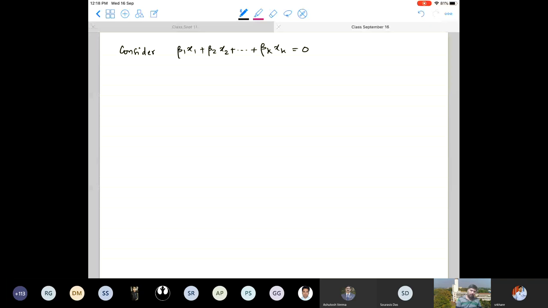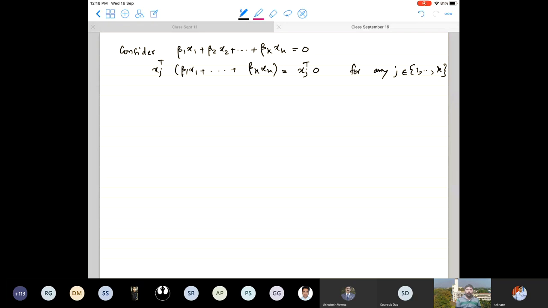So what do we do? In order to show that, we take the inner product of both sides with respect to xj. So xj transpose of (beta 1 x1 plus so on and so forth plus beta k xk) is equal to xj transpose times 0. The right hand side is the 0 vector for any j between 1 up to k.